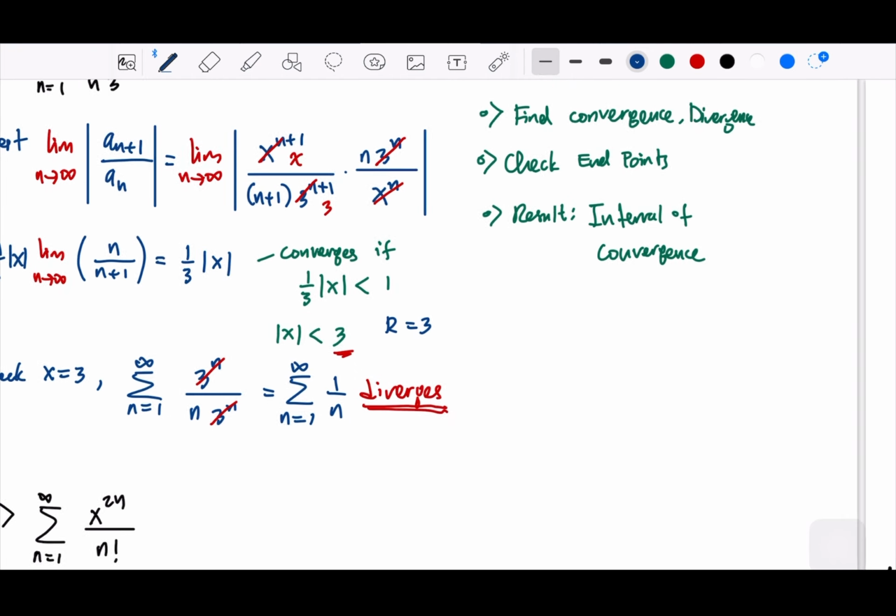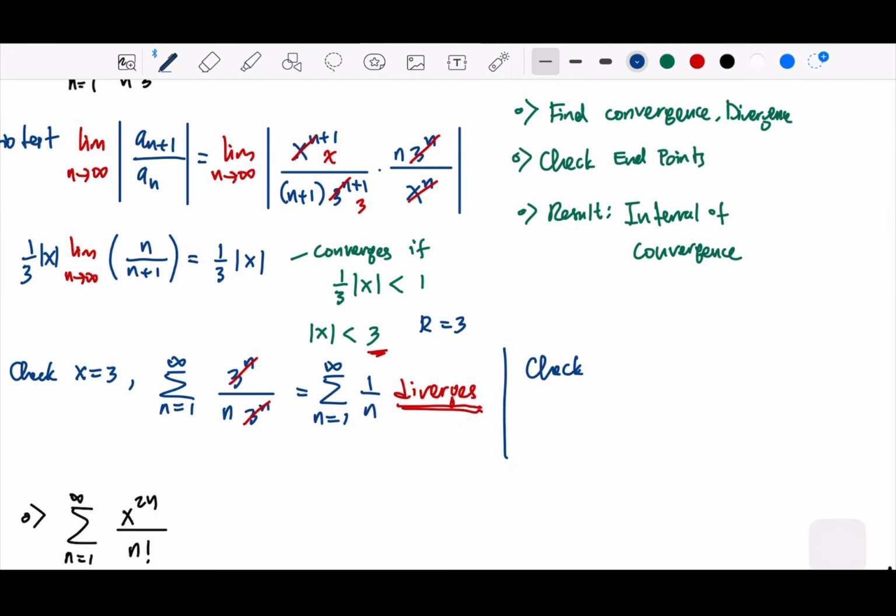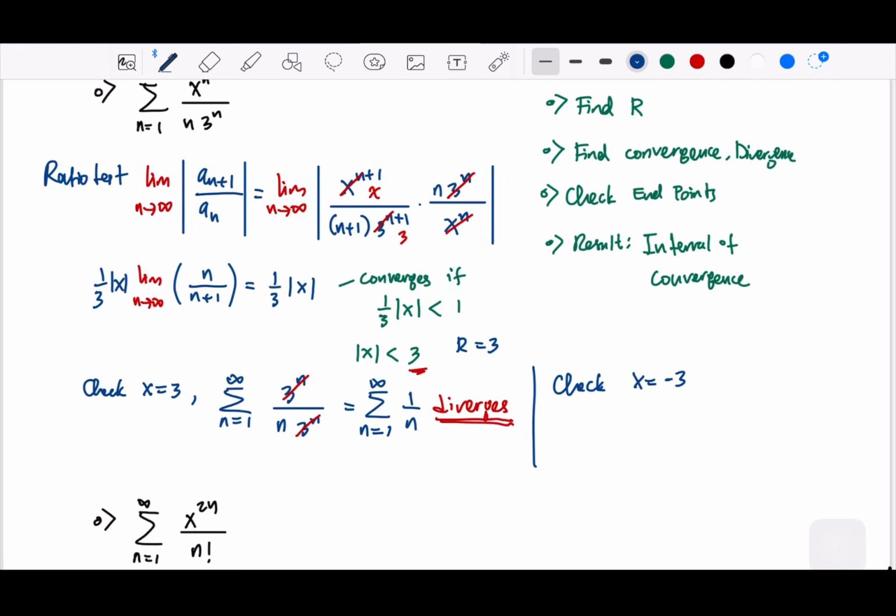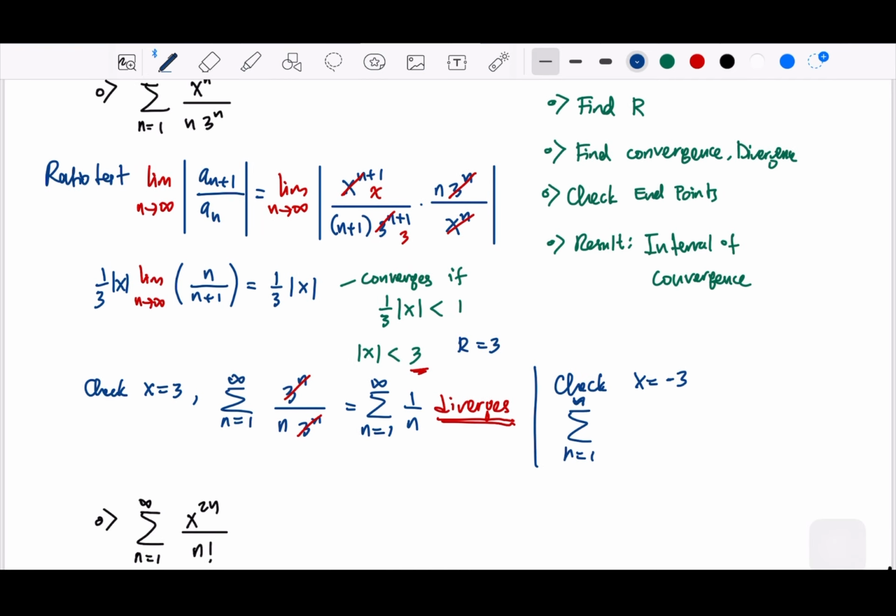And then let me write on the right side here, check x equal -3. So substituting -3 for x, we get (-3)^n over n·3^n. We can factor out the -1, right? So we can take (-1)^n and 3^n, with the sum in front, I forgot to write it earlier, over n.